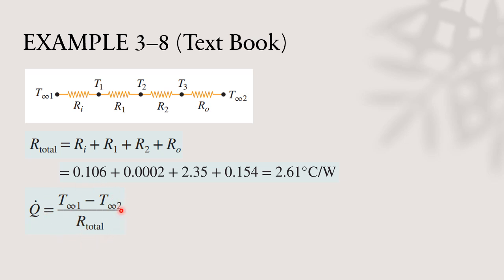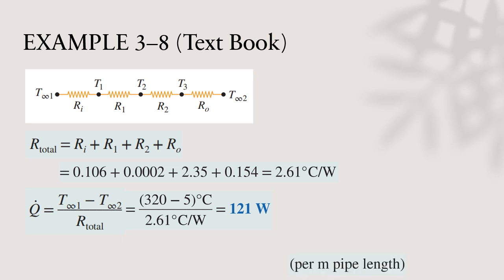We know all the values for these variables. We just plug them in and we will get the heat loss equal to 121 watt. This is heat loss per meter, per meter of pipe length.